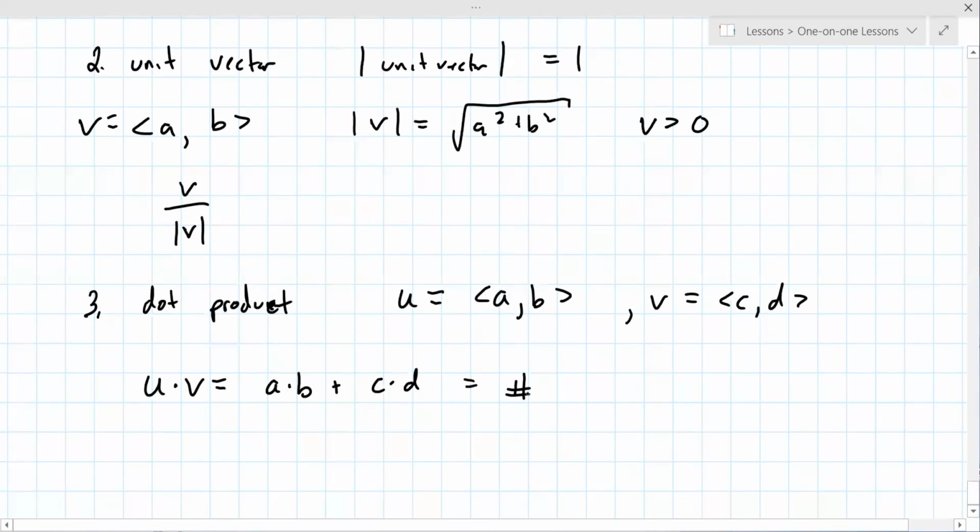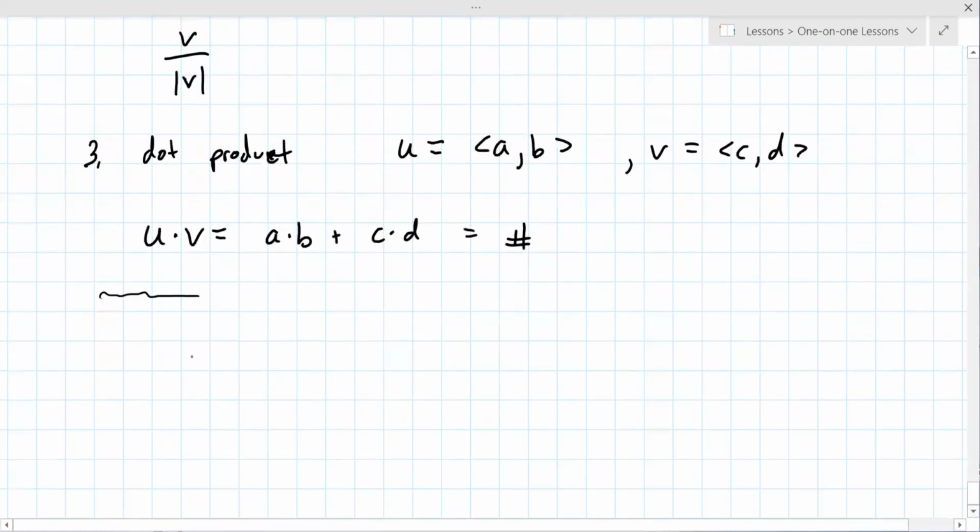Okay. So maybe this could be some of those questions your instructor asks. They could say, what is v times u dot v? And it could be really simple. Is it a vector or is it a scalar? And a scalar just means it's a number. Well, the dot product is a number. We just said that. If you take a number and multiply it by a vector, what do you get? A vector.